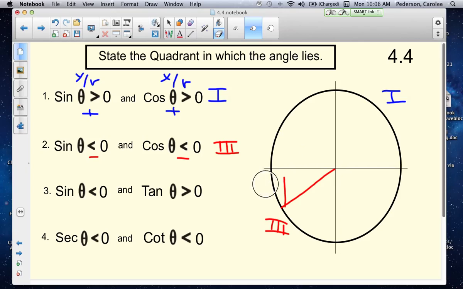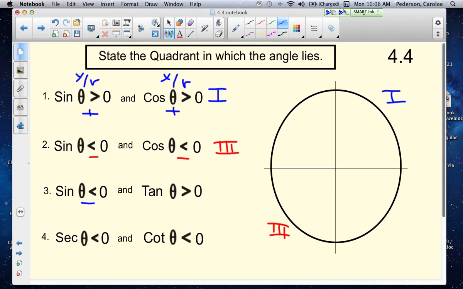The next two are a little bit more challenging. Now it's saying the sine is negative and the tangent is positive. So which quadrant would that fall in? So I'd have to have a negative y value.